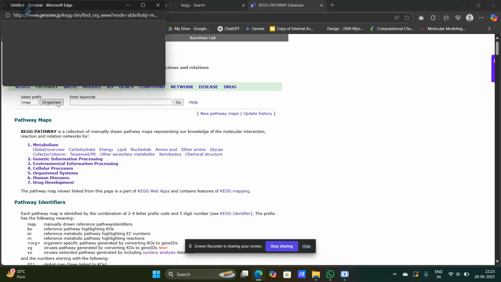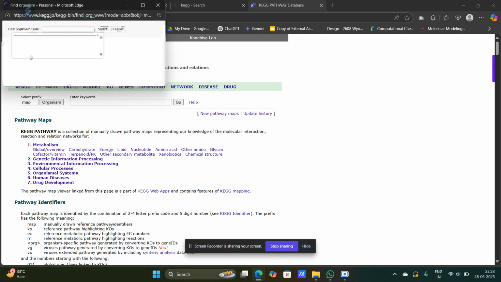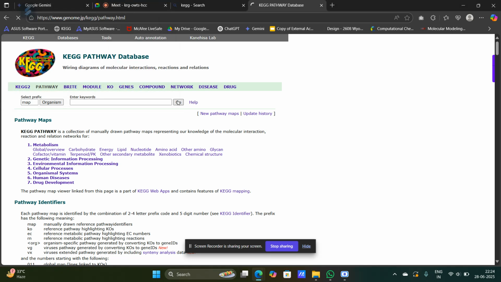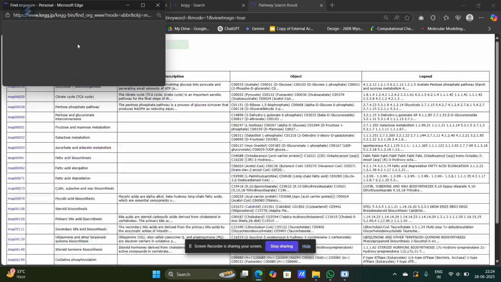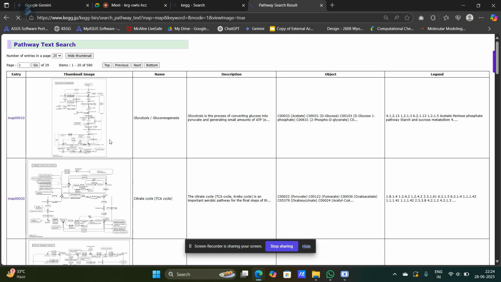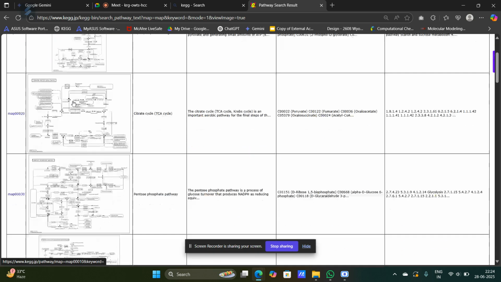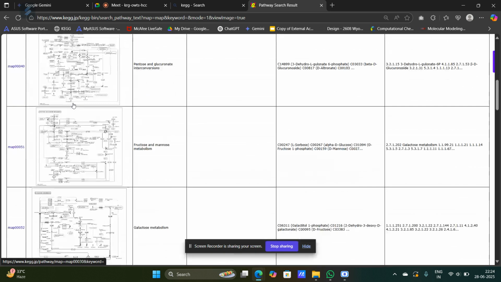Yeah, there is organism, and if I write the organism here, yeah, I think this is the scientific name. There are multiple strains of E. coli, I guess. I'll just select one and I'll just write select. Okay, I got it. So these are different pathways.